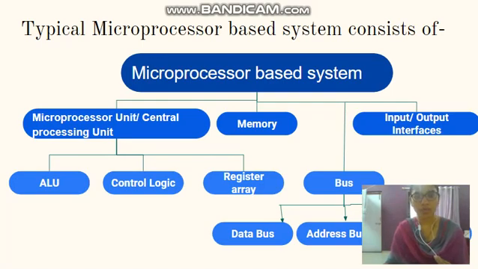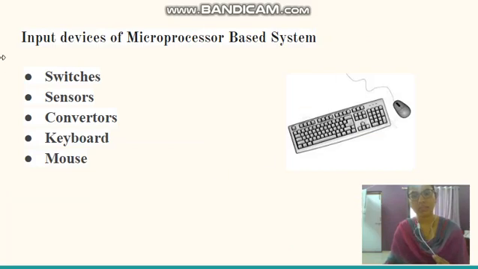What does the microprocessor unit consist of? It has an ALU, control logic, and register array. Okay, so what are the various input devices of a microprocessor based system? Basically, the input devices are the devices through which we can provide the data to the CPU so that it can process it.